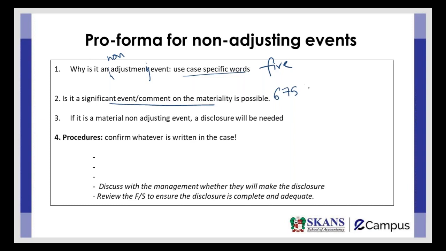So you will write 675,000 is 8.5% of PBT. Therefore, it is a material event. It has not affected going concern, but it is a material event because the loss that I have to bear is 675,000 of the profit before tax.